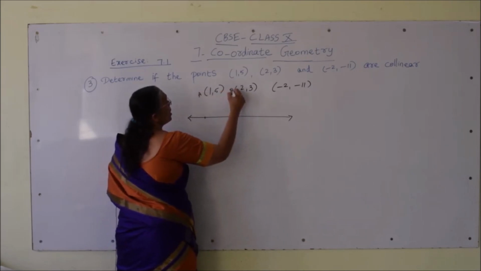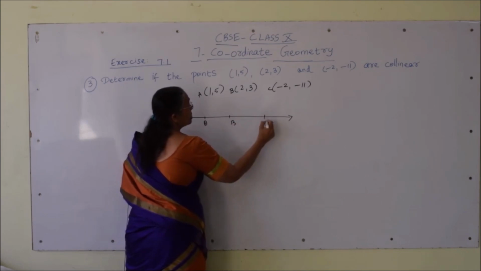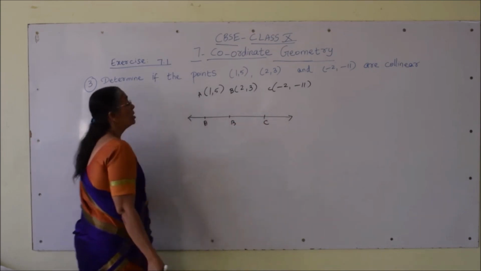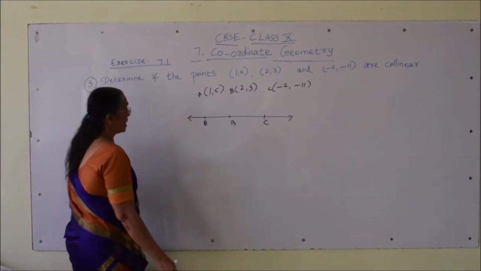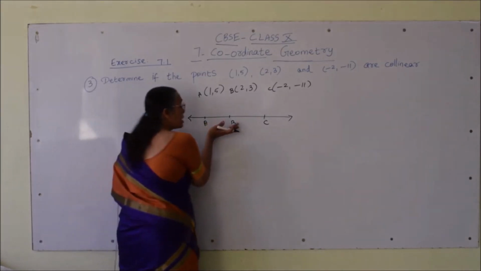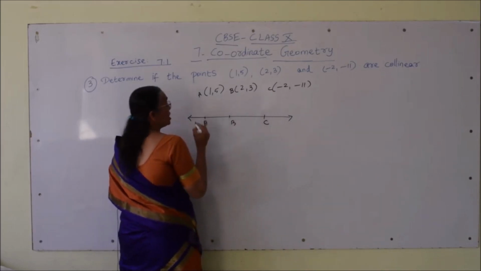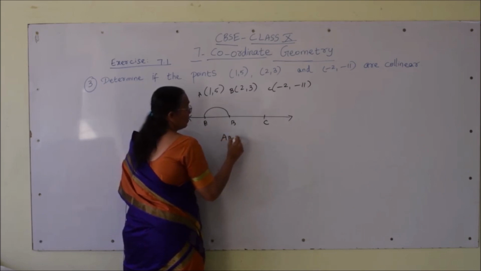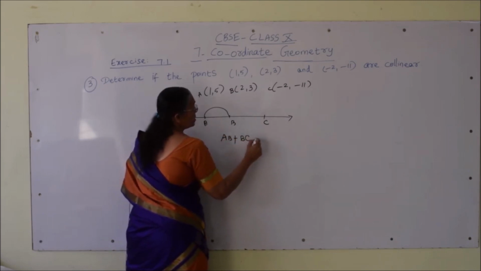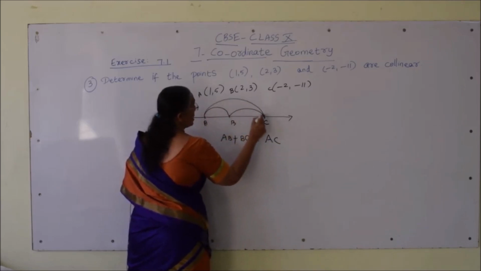Consider these 3 points as A, B, C. We have to check whether these 3 points are lying on the same straight line. If they are lying on the same straight line, they will be like this, and the condition they will satisfy is that the distance AB plus the distance BC must be equal to the distance AC.